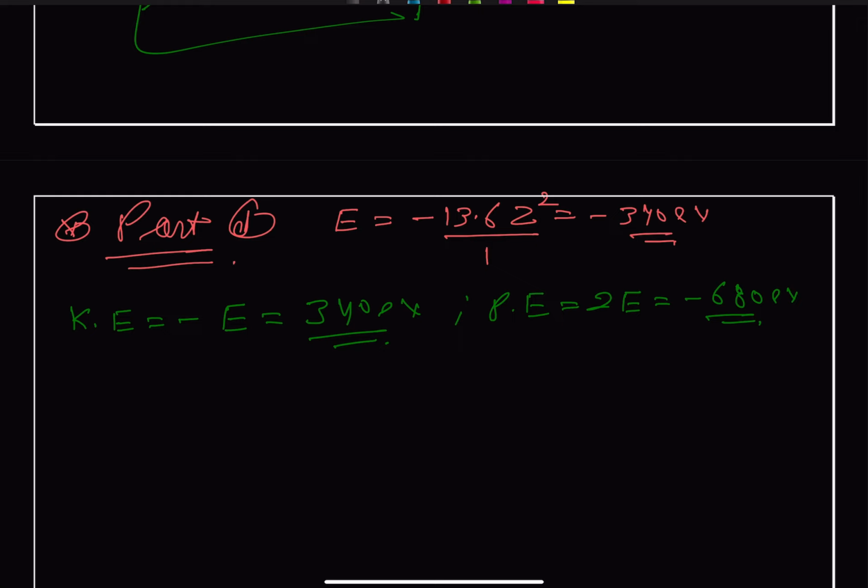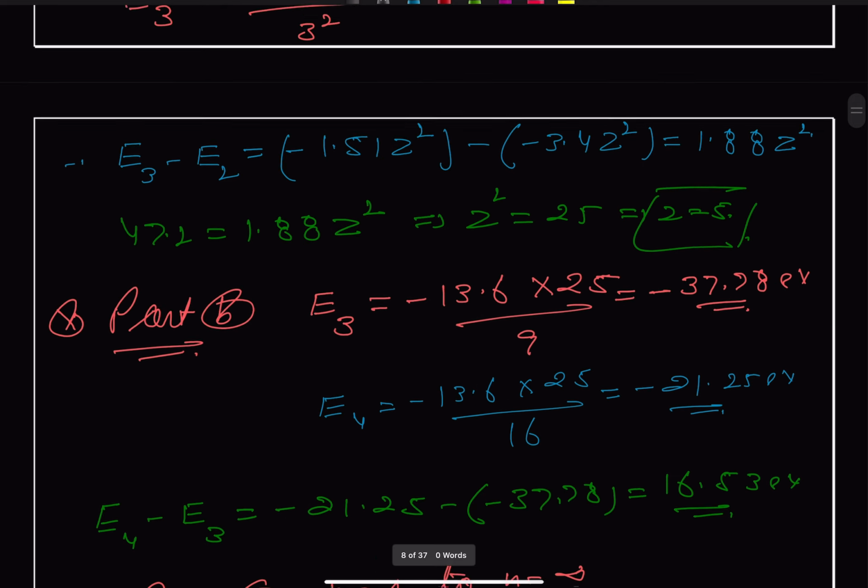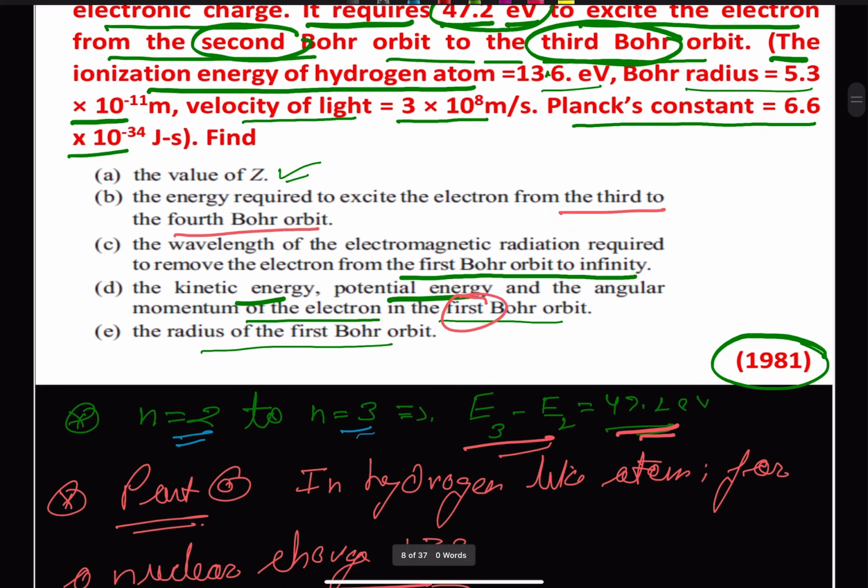And we need to find out the angular momentum, which is our L, that is n multiplied by h. The value of n is 1, and the value of h is 1.055.